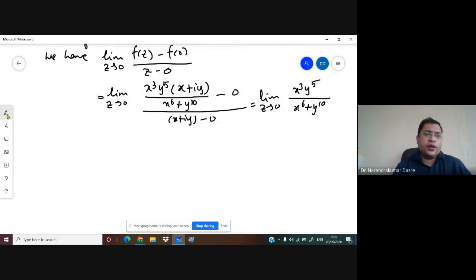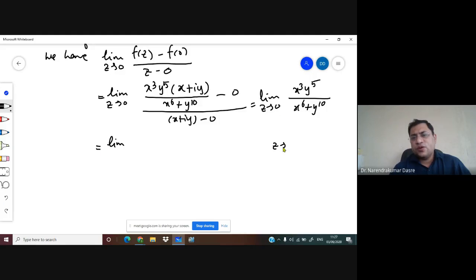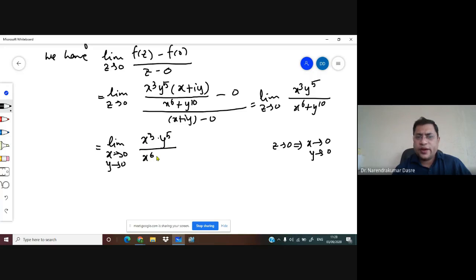So what we got here is this limit. Now as z tends to 0, this implies x tends to 0 and y tends to 0. So here we have x tends to 0 and y tends to 0, and this is x cube into y raised to 5 upon x raised to 6 plus y raised to 10.